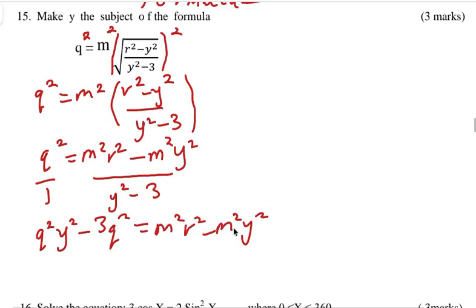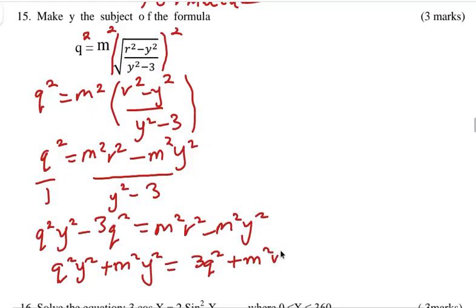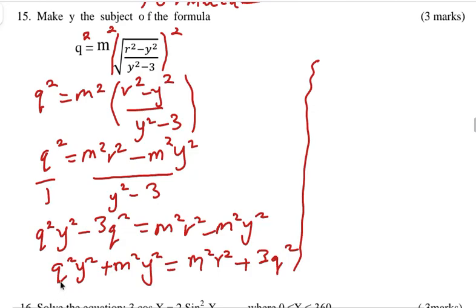So q squared y squared plus m squared y squared equal to 3q squared plus m squared r squared, ama ukitaka waweza andika pia hivi, which is also the same, m squared r squared plus 3q squared. So after that ushapata answer kama hii.